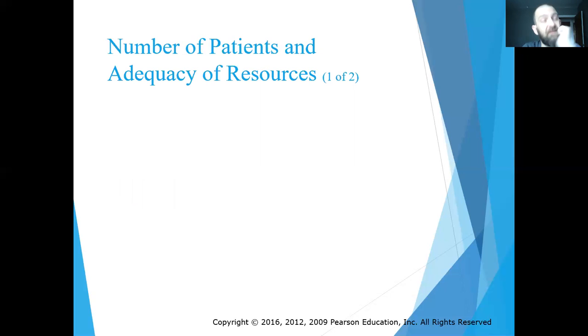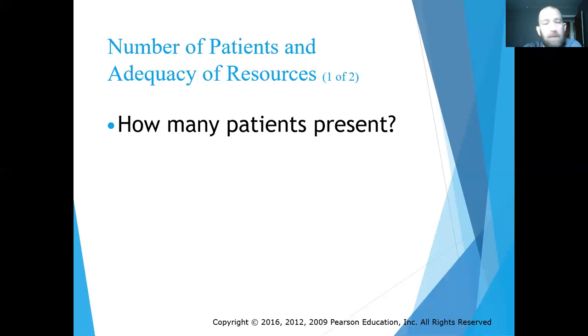Moving through our scene size up. We've talked about scene safety, our BSI, mechanism of injury, nature of illness. Now, again, what we're talking about is number of patients and the need for additional resources. So do we need extra help? How many patients are present? Goodness gracious, could you imagine going on a call and missing a patient?